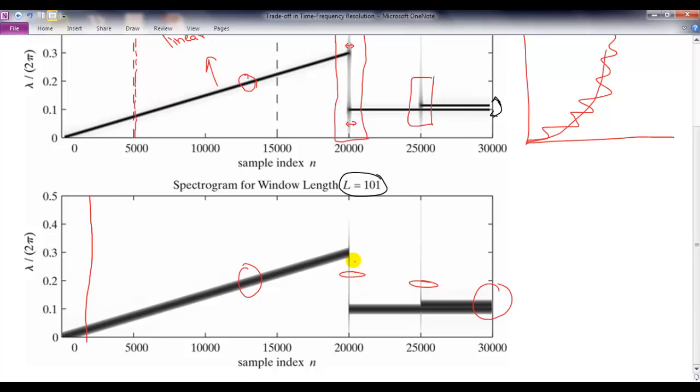But you can have a very good sense of when one signal ends and the other begins, because your window is now smaller. And again, what size of window to pick, that is totally a function of what kind of application you are dealing with and what is your goal.